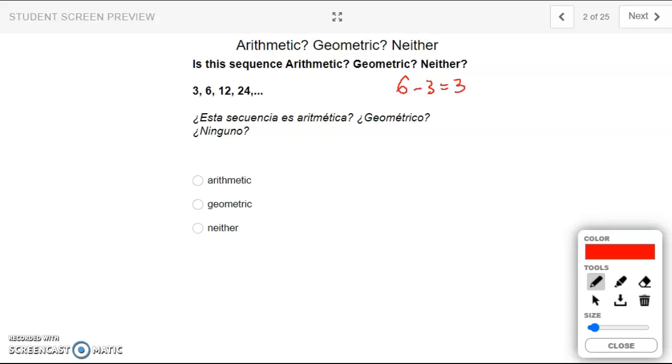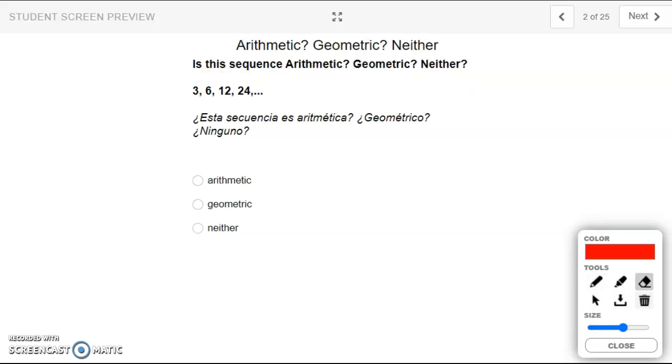So am I adding 3 to each number? No, it's not, because 3 plus 6 is not 12, and 3 plus 12 is not 24. In fact, the first time it fails, I don't even have to go any further. So I know that it's not arithmetic.